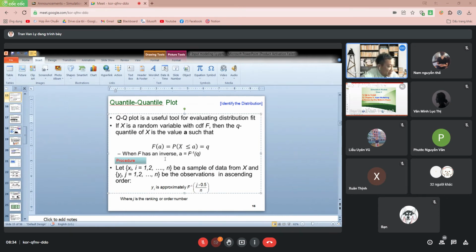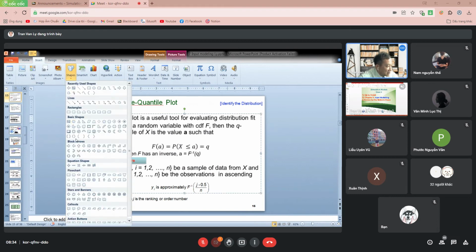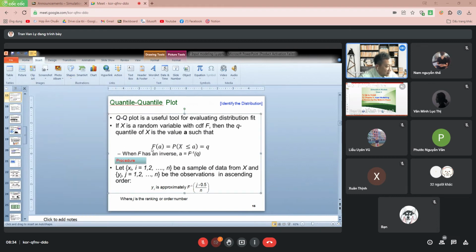For example, here we have a function, and when we apply it, we have the inverse. So let's see the procedure.